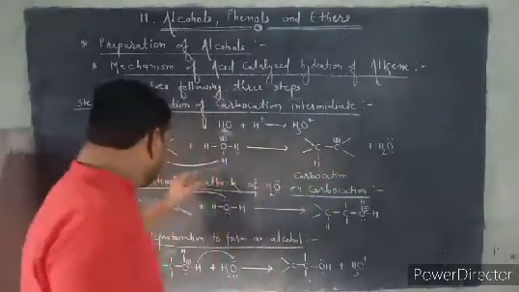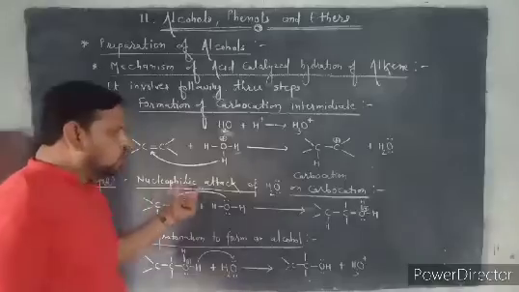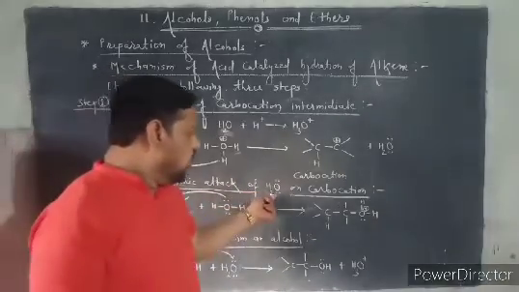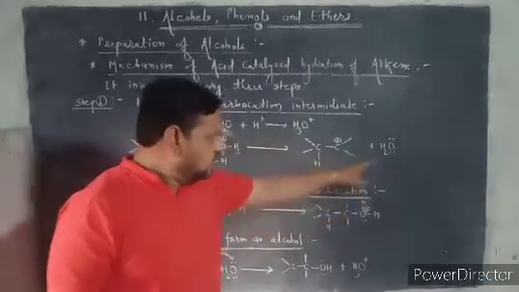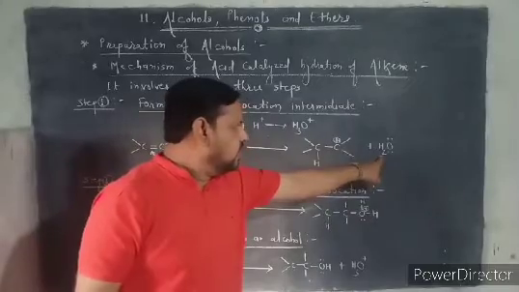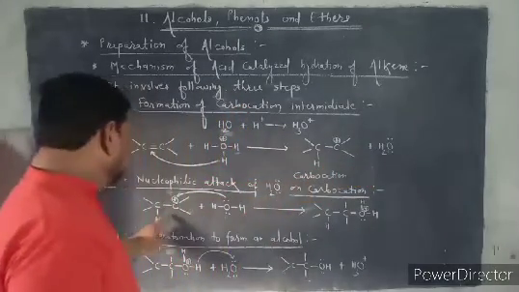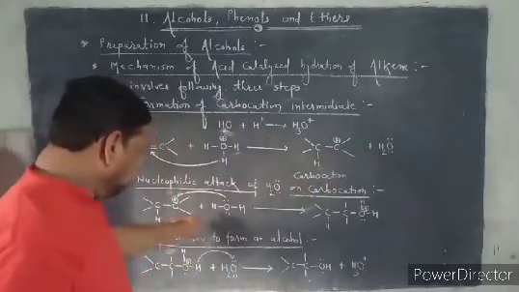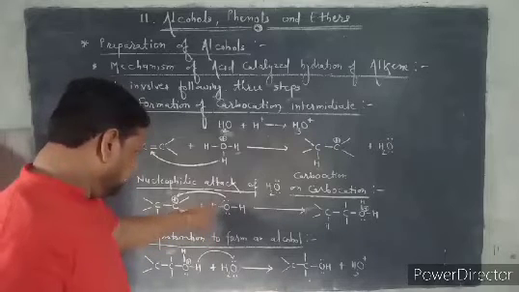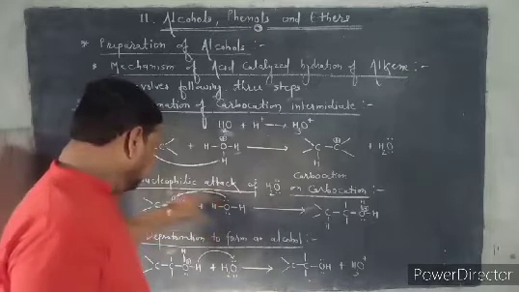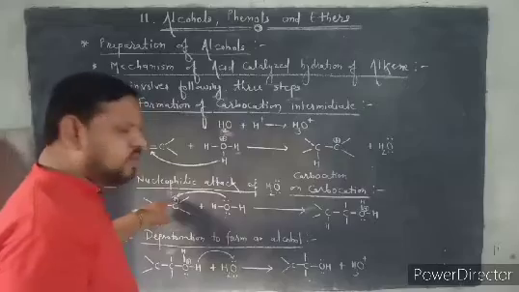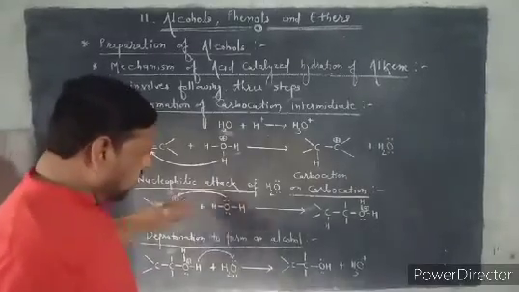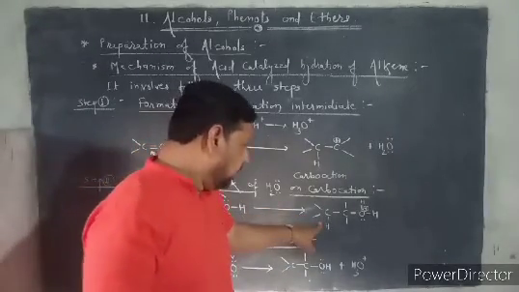In the second step, nucleophilic attack of water on carbocation. This water again attacks this carbocation, and it gives the intermediate.